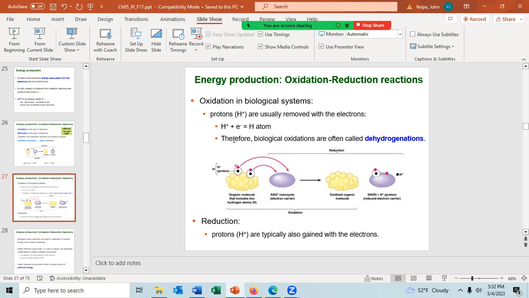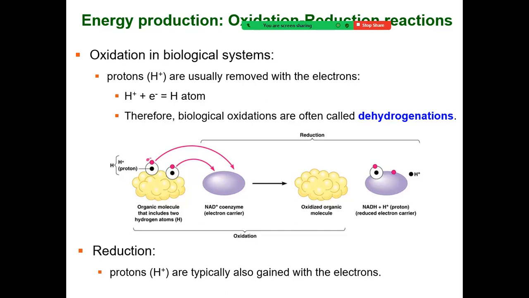So in biological oxidations, we often call those dehydrogenations because besides losing an electron, this molecule, which is going to become oxidized, is going to also lose a hydrogen ion. And then the same thing with the molecule which is reduced. Besides gaining an electron, it's going to gain a hydrogen ion. And remember that a hydrogen atom is the hydrogen ion and then the electron.